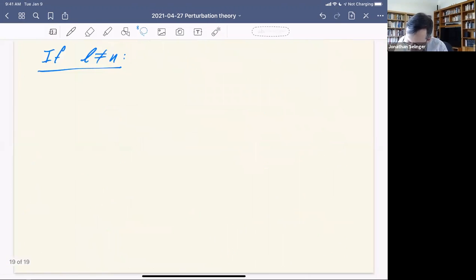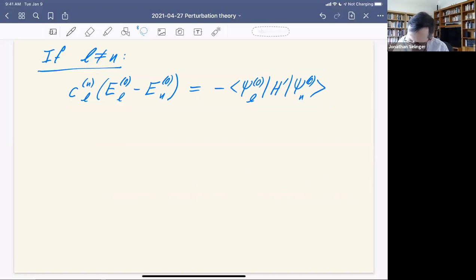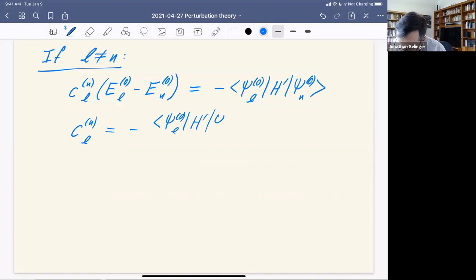Here it is. To solve for the C^N_L, that is just C^N_L equals negative this matrix element psi 0L H prime psi 0N divided by the energy difference E0L minus E0N.